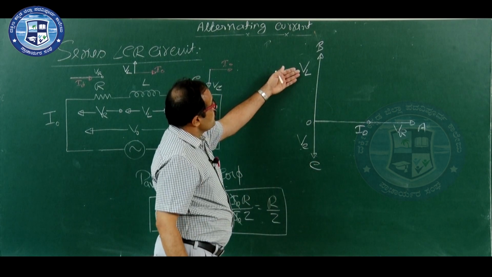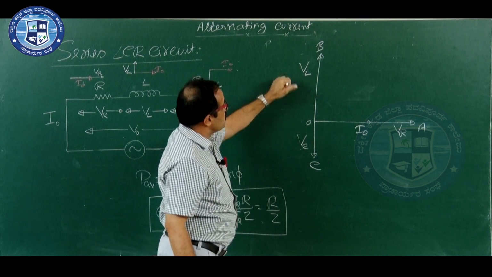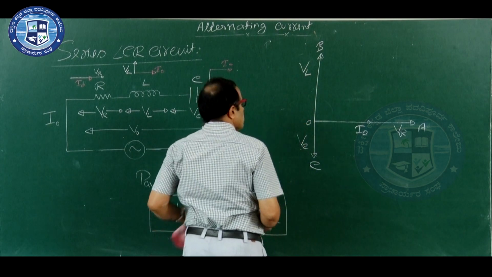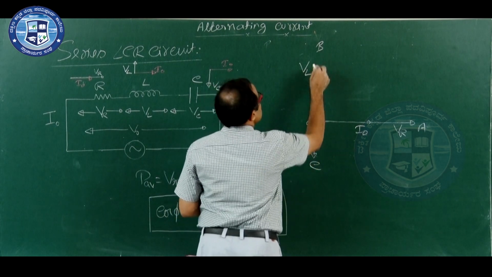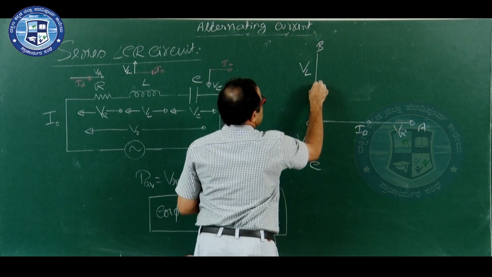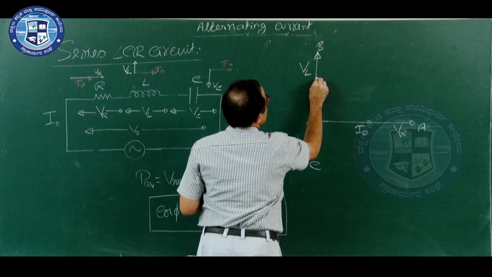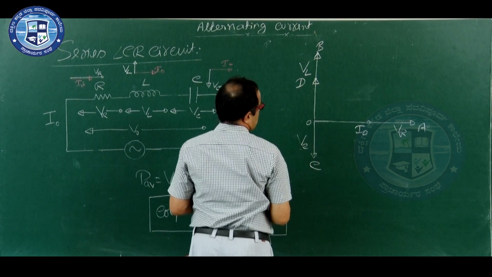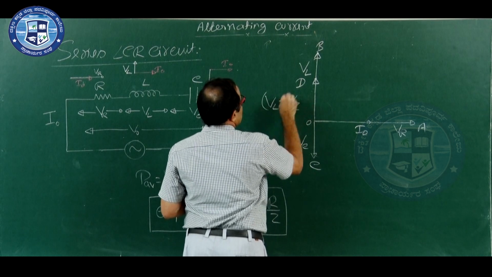Now, for derivation purposes, we consider VL greater than VC, that is what I said. Think that it is 10 volts and it is 4 volts. What is the difference? 6 volts. So, 6 volts may be here somewhere. OD, it is representing VL minus VC.